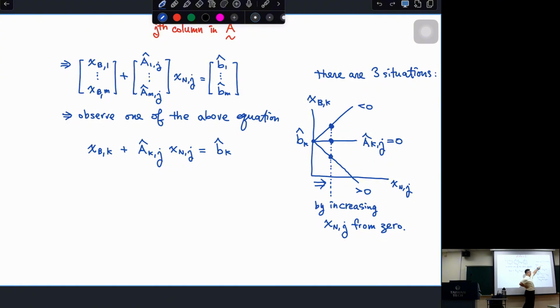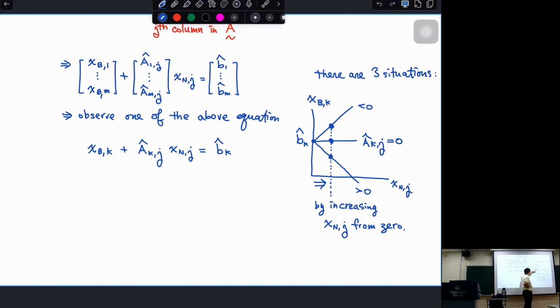So when this happens, what do we want? We said earlier, when we choose one of the non-basic, we want it to become basic. So we are looking for another variable which was basic, and it needs to become non-basic later on.